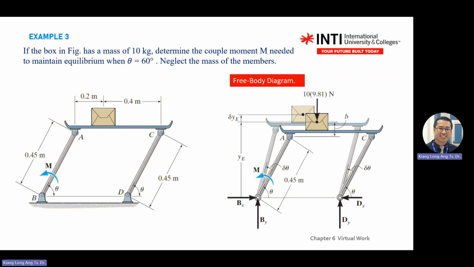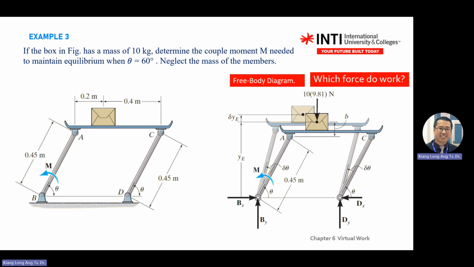It will rotate delta theta. Here also rotates delta theta. This one will move down delta YE. Then you see the things that do work. These two do not do work because they cannot move. Only W does work.